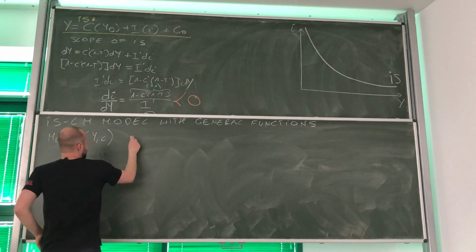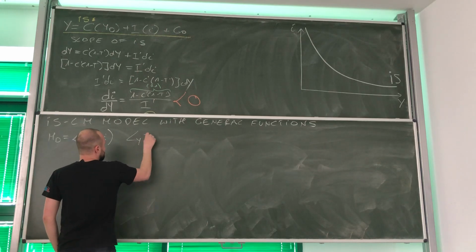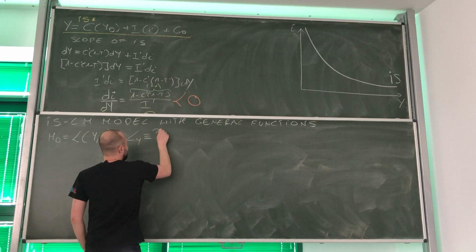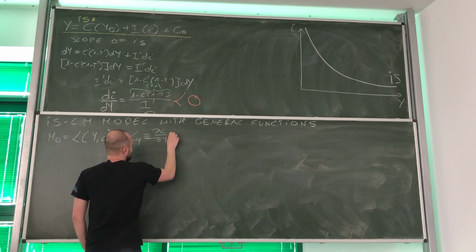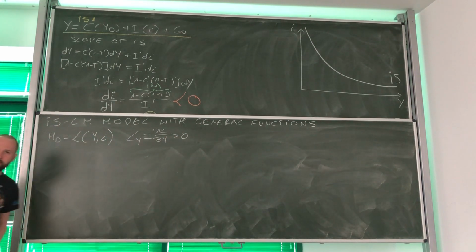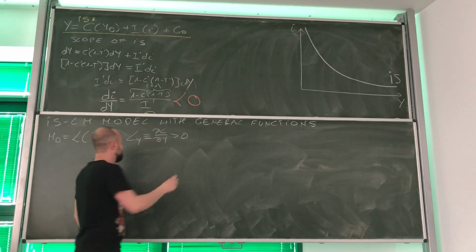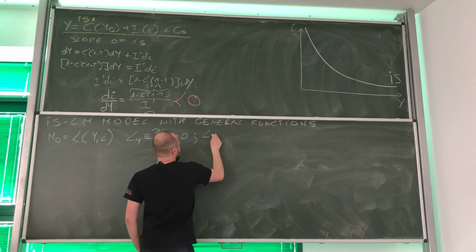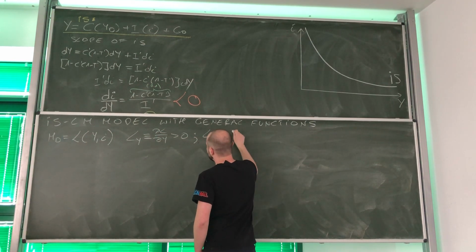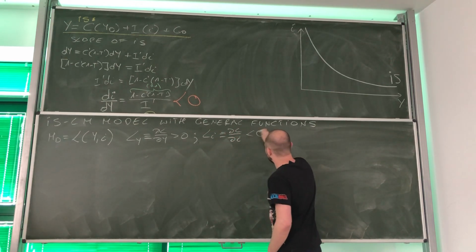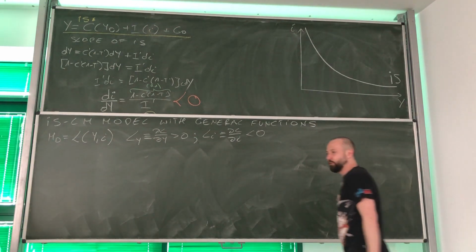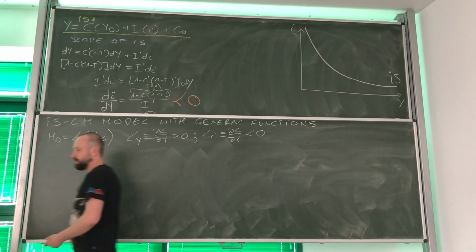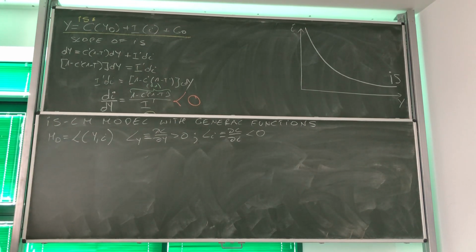And we are assuming that Ly, which is defined as the derivative of L, so money demand, with respect to income, is positive. So the higher the income, the higher the demand for money. And Li, the derivative of L with respect to interest rate, is negative, which means that the higher the interest rate, the less money we want to keep in our pockets, the more we want to keep in the bank.